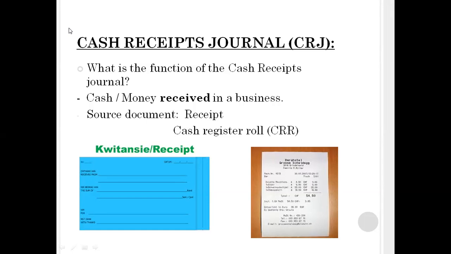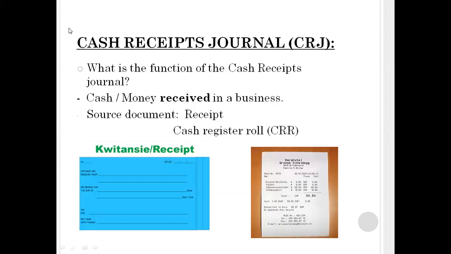And then I've put examples there for you. On the left-hand side, there's an example of a receipt. I think it was last week when we did the source documents and looked at how you complete a receipt. On the right-hand side, there's an example of a cash register slip, coming from the cash register roll.